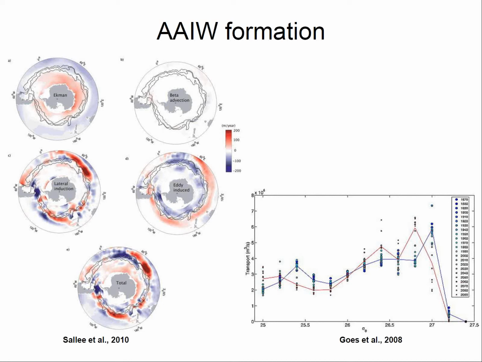And so these are the locations of the fronts here. And we see the lateral induction, that is simply the water crossing the bent isopycnals, not exactly vertical, but just against the isopycnals. And we see that there's a lot of formation here in the Atlantic and a lot in the Pacific. And it's a stronger component of the subduction of water.